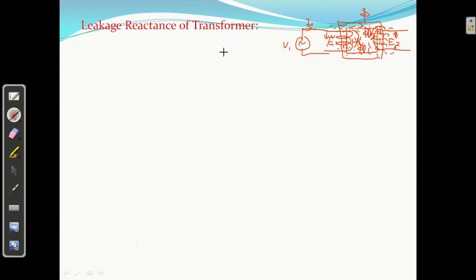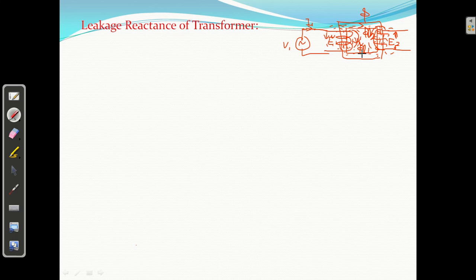So in an actual transformer, that flux will be diverted to the non-ferromagnetic material. This is the ferromagnetic material. Flux should flow from here, but it is diverted to the non-ferromagnetic material. It means some flux links with the winding only, or some flux flows into the air also.